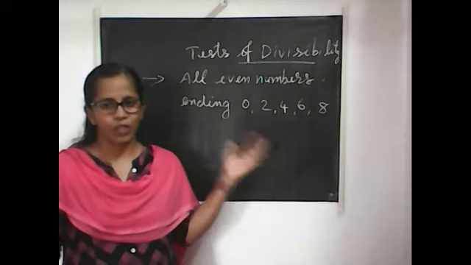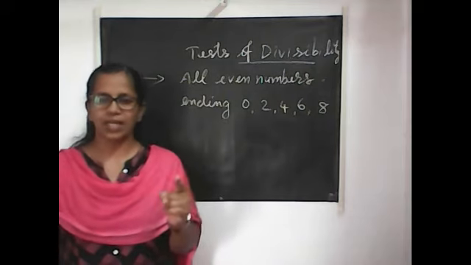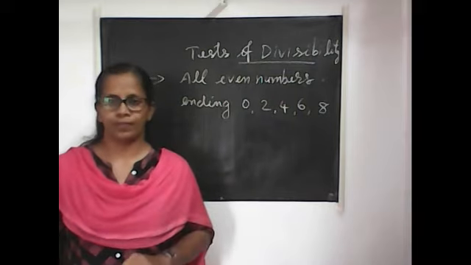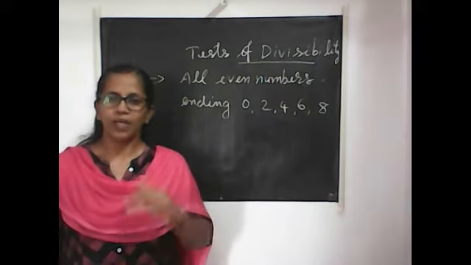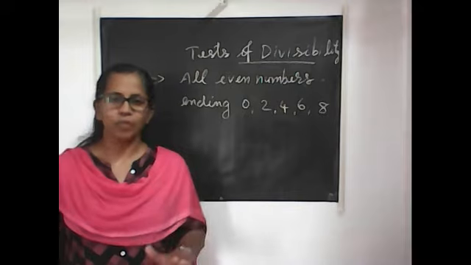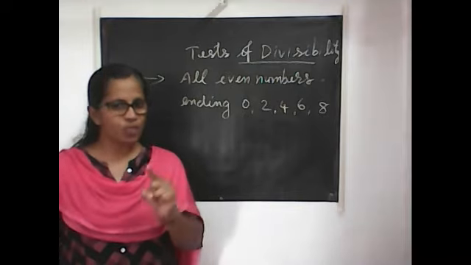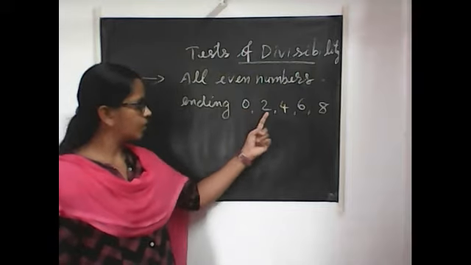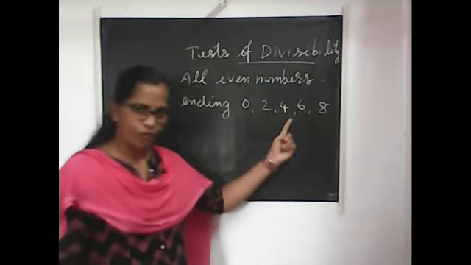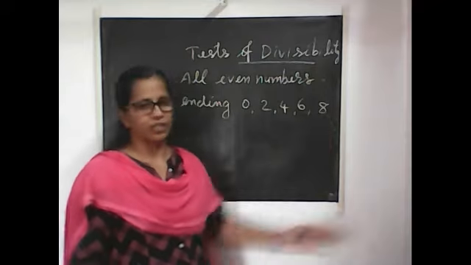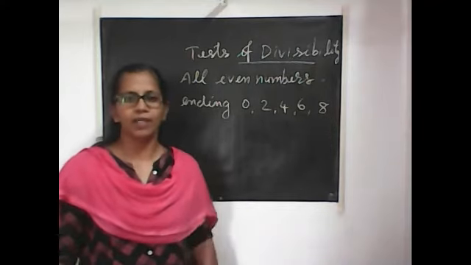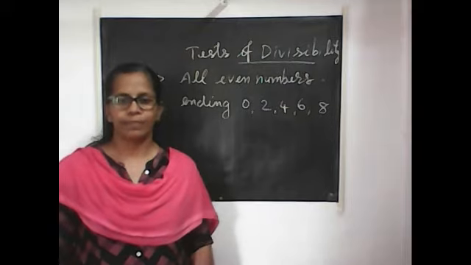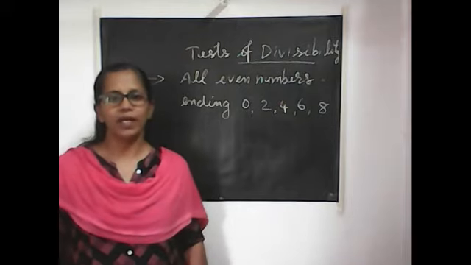Got it? To be an even number, the ones place digit should be 0 or 2 or 4 or 6 or 8. If any one of these digits comes at the ones place, we can say it is an even number. Then that number will be divisible by 2.